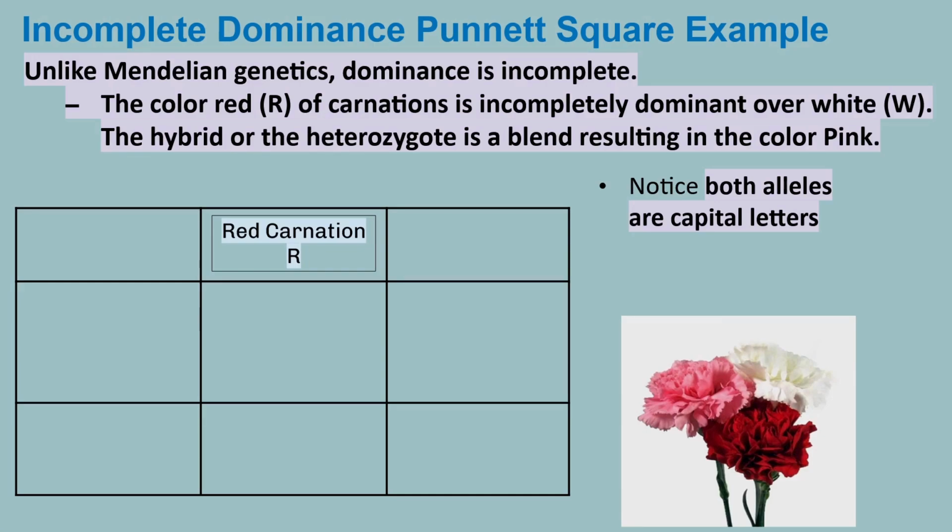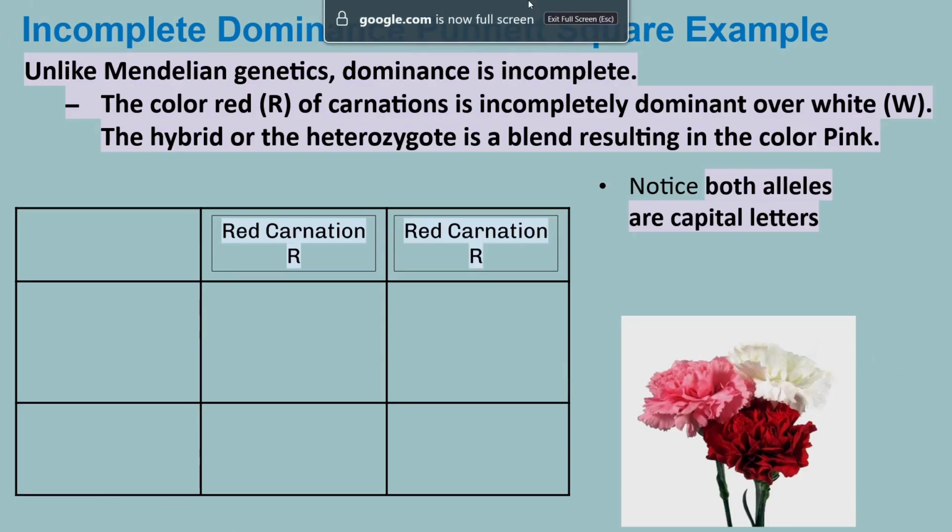Now that you have your box, at the top corner, you're going to write a capital R that represents a red carnation. Since it is red, it has two red alleles, so you're going to also put capital R for the second allele.